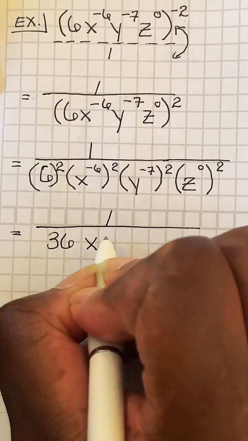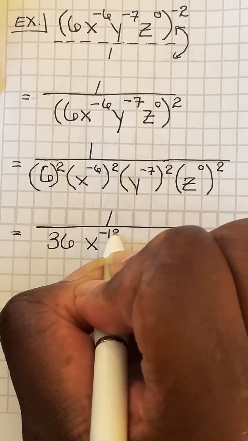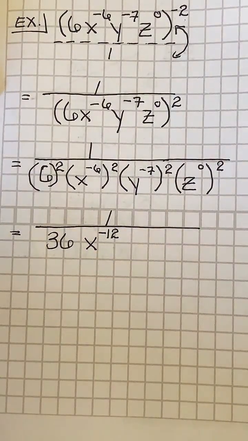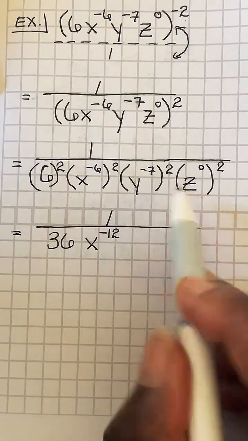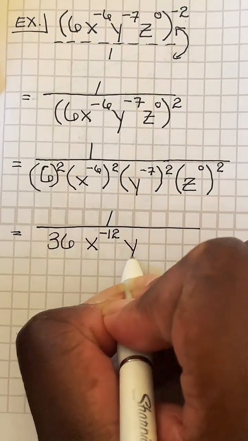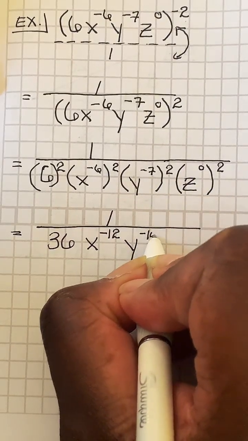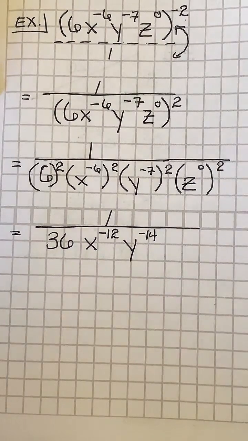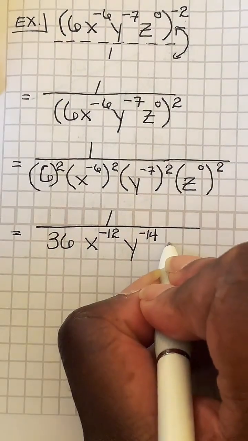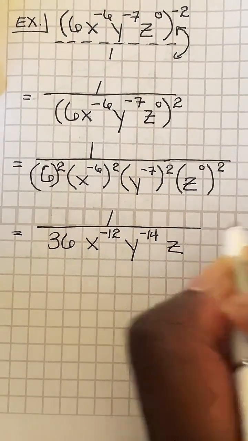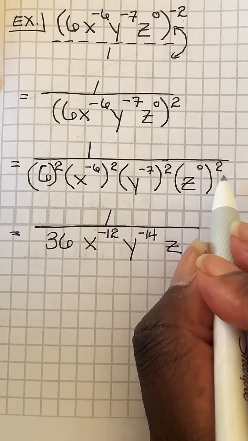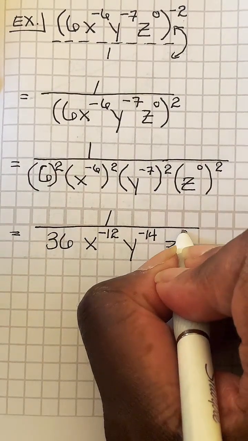So you have x raised to the negative 12th power. Same thing's happening with my y's. We have negative 7 times 2, so that's negative 14. Then we have our z. So we have 0 times 2. Well, that's going to give us 0.